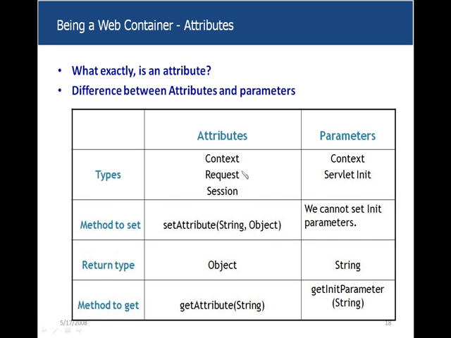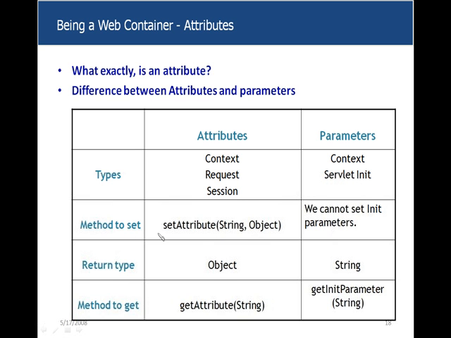A context attribute can be accessed throughout the whole web application, whereas a request attribute is only available for that particular request, and a session attribute is valid until the session is live. So in that particular session only you can access this session attribute. Coming to parameters, you've got only two: the context parameter and the servlet init parameter.